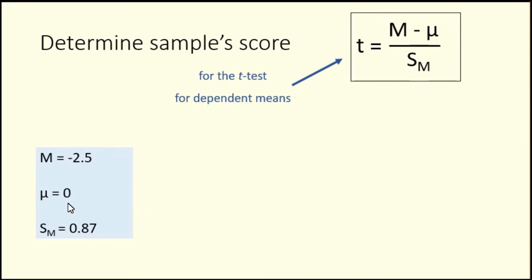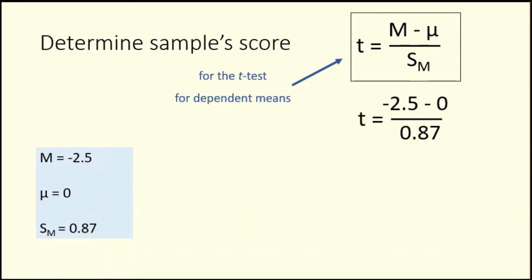We have this information. We calculated our sample mean already in step 2. In step 2, we assumed that our population mean is going to be 0. And we have the standard deviation of our comparison distribution as well, which we also calculated in step 2.